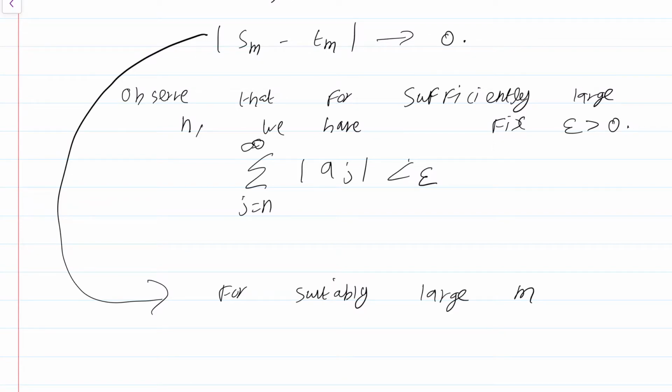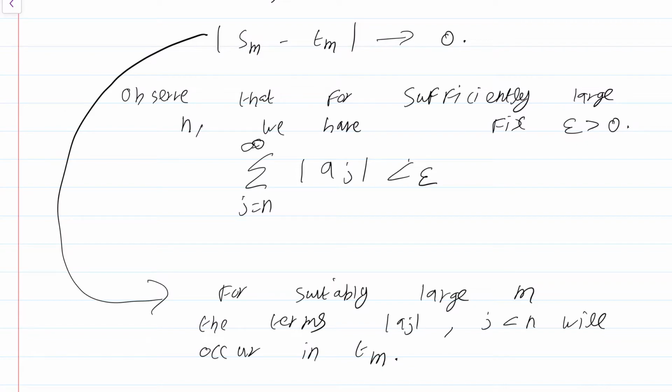the terms Aj, j less than n itself is enough, will occur in Tm.